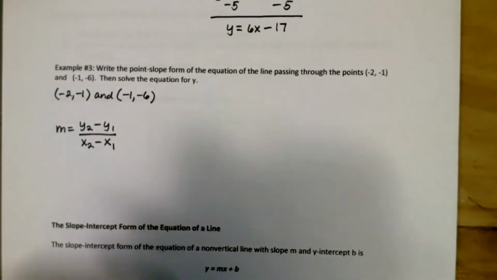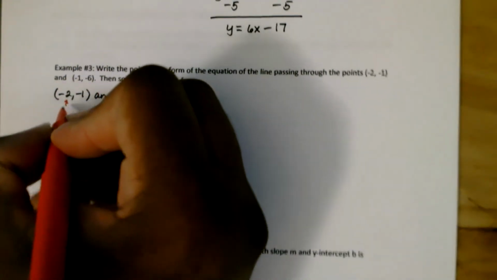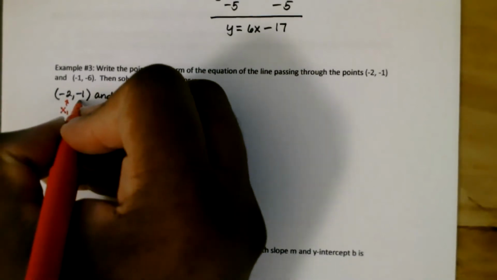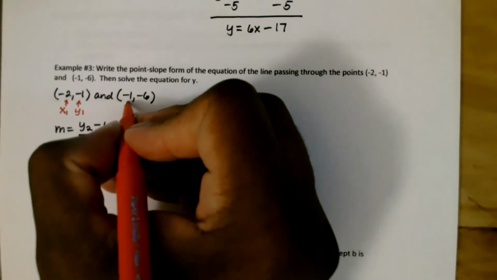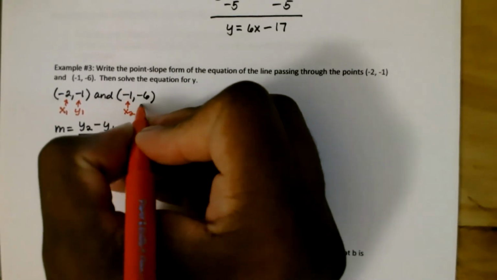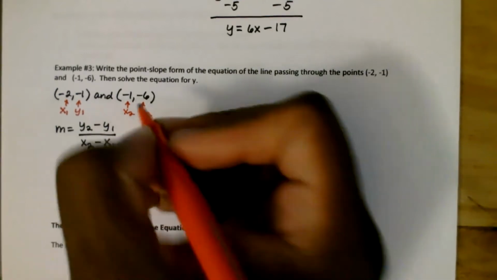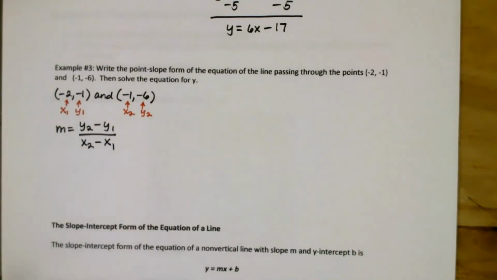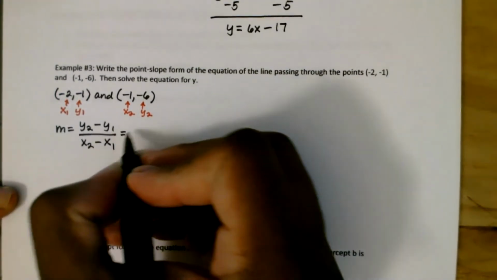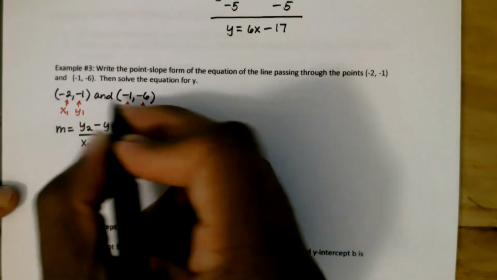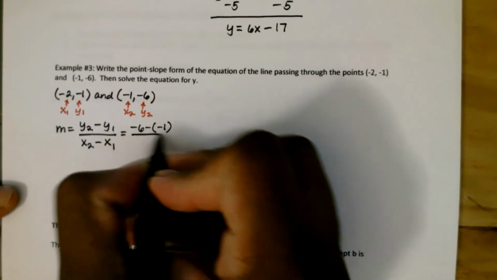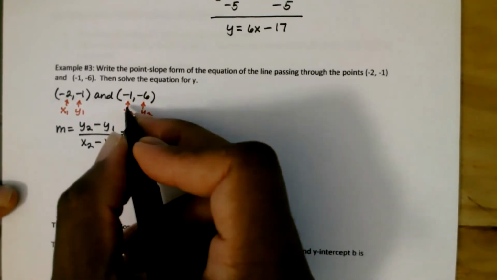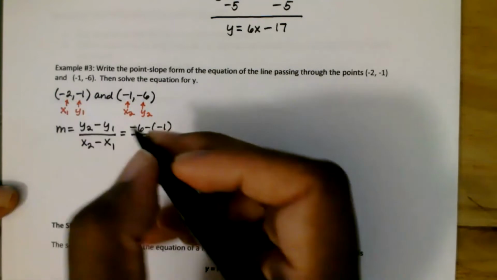Okay, so here in this case, I'm letting -2 be x1 and -1 be y1. And in this ordered pair, I'll let -1 be x2 and -6 be y2. So let's substitute. Y2 minus y1, that's -6 minus -1, divided by x2 minus x1. That's -1 minus -2.